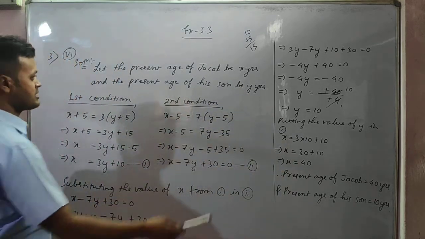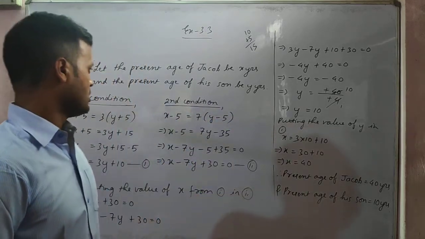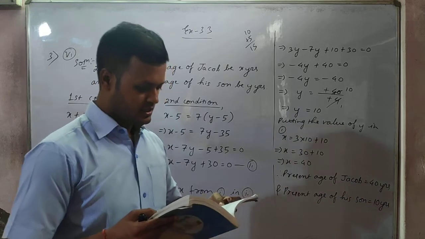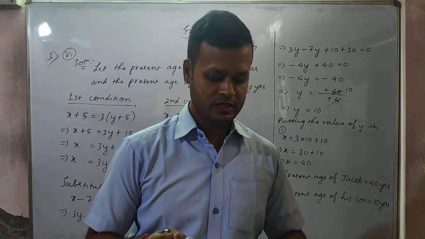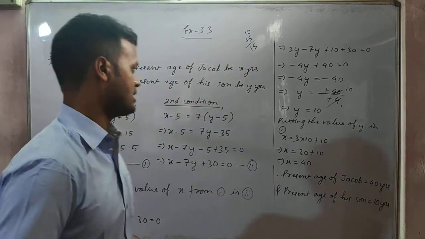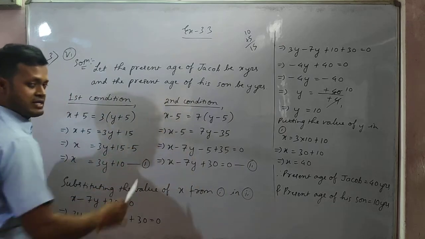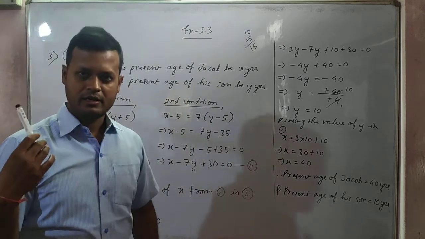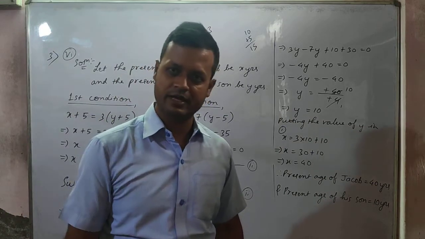If the present age of his son is y years, his age 5 years ago is y minus 5. So 5 years ago, Jacob's age is x minus 5, because if someone's age is 15 years now, his age 5 years before is 15 minus 5.